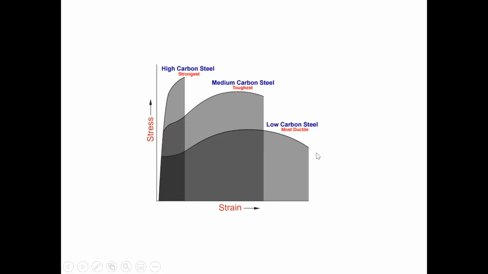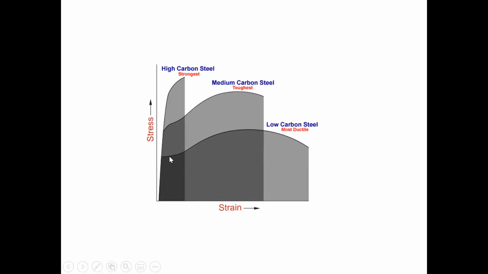It's the kind of steel you might make the bodywork of your car out of, for example. Whereas the medium strength steel might be used to make a bolt. And the high strength steel might be used to make a very precise fitting, or it might be used to make a tool, or something that needs to be very strong. But there's a trade-off between strength and fracture toughness and the ability to elongate the specimen.